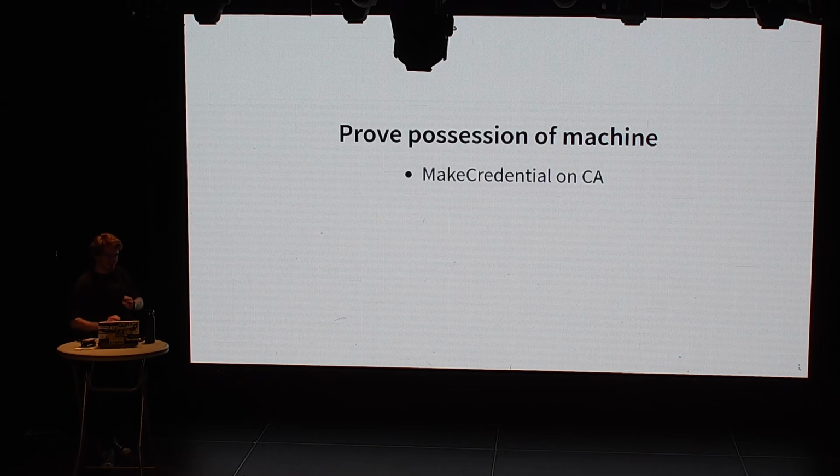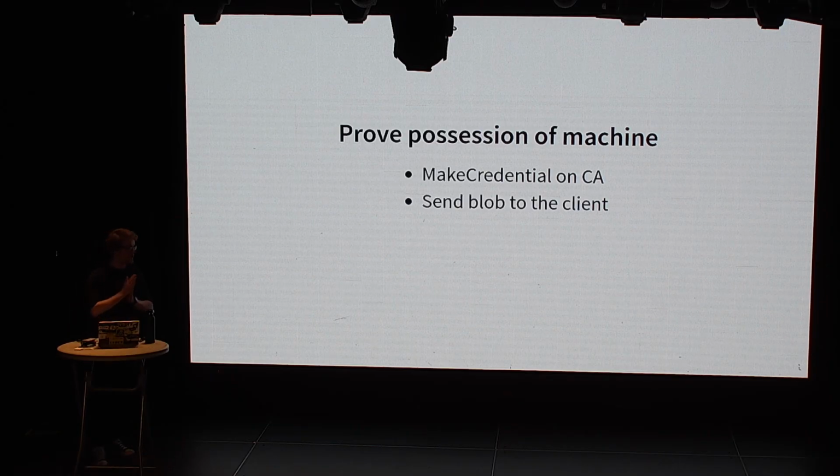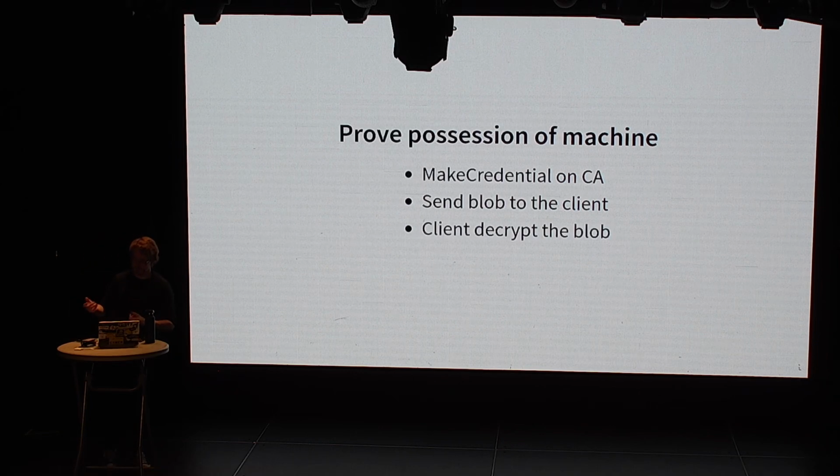So the way you prove possession is that we use make credential on the CA. We have the endorsement key, we have some attestation key, and we have something that we want to decrypt. We send this blob to the client or the agent themselves. The client is going to decrypt that blob. It's going to send this blob or the secret string or whatever we wanted to decrypt back to the CA.